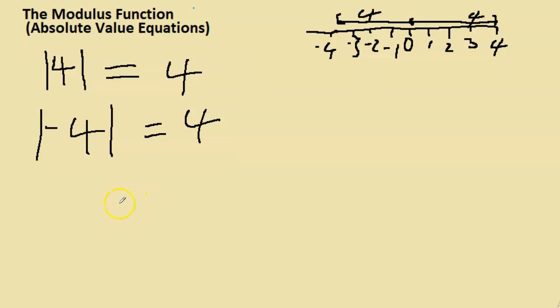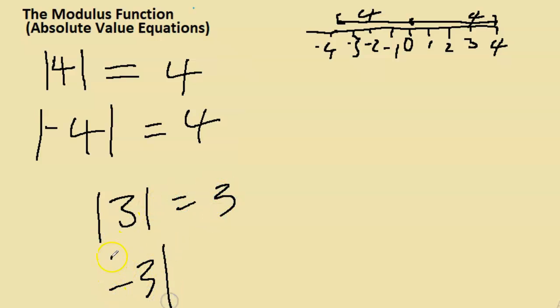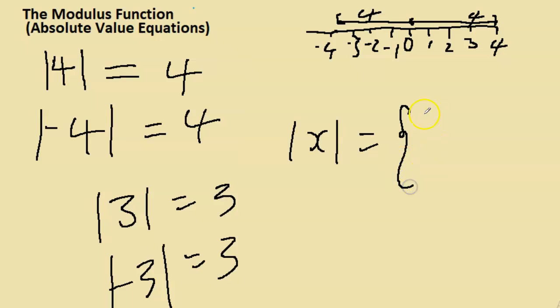So the key thing to note is that the absolute value of 3 is 3, and the absolute value of minus 3 is the same thing. Good? And we define it: the absolute value of x is equal to x, when x is more than 0, and it's equal to minus x, if x is less than 0.